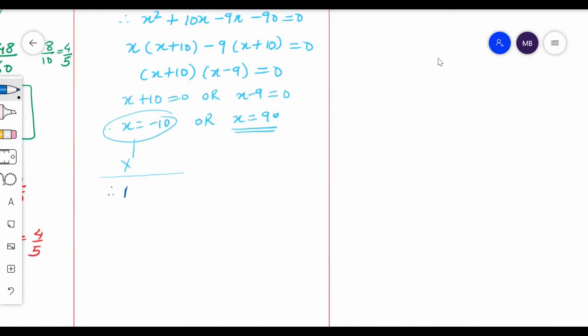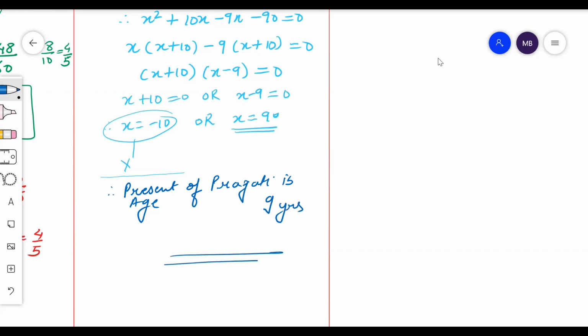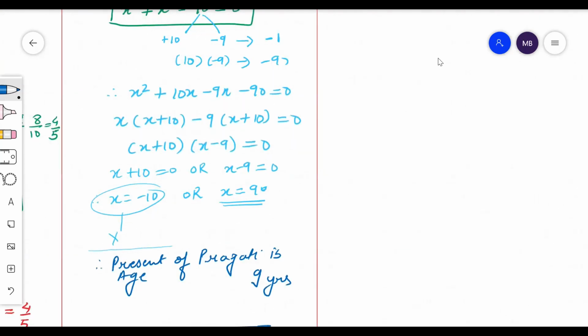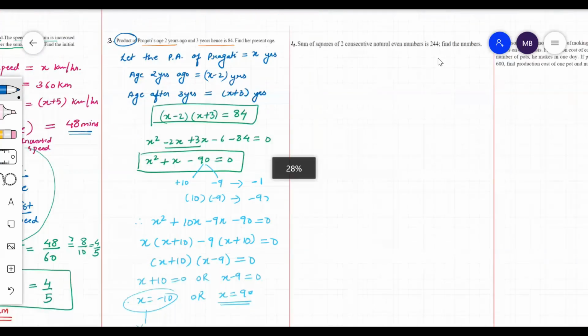So therefore present age of Pragati is 9 years. Okay, so this is the way you need to solve these age related problems.